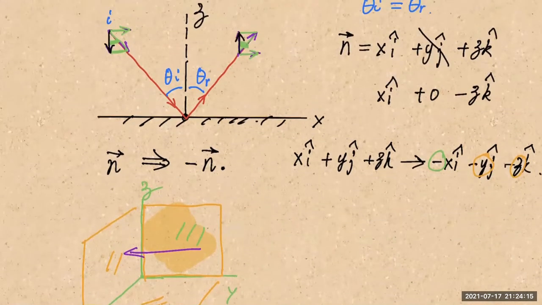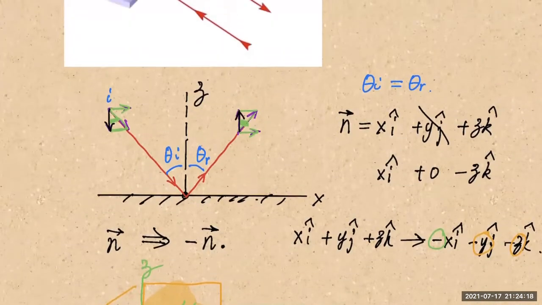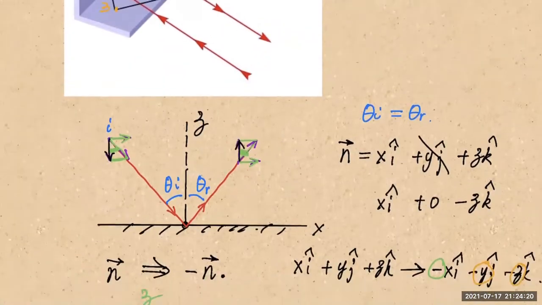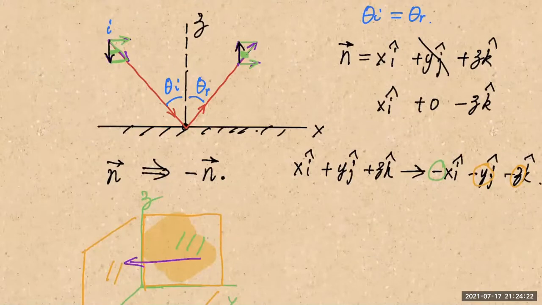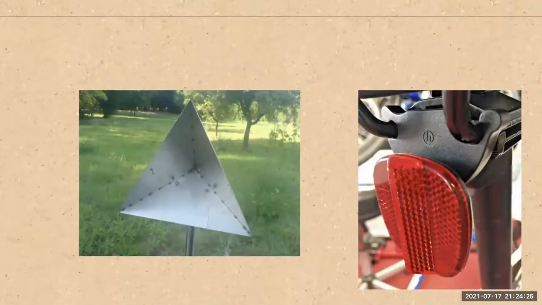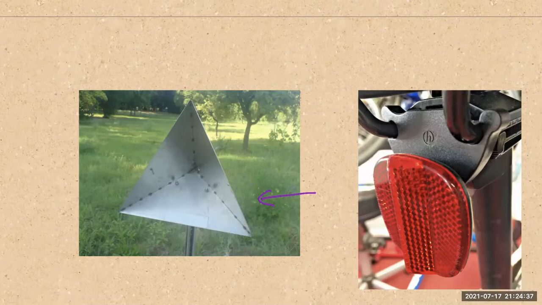Now, does this only work as lunar reflector? Okay, no. It has many applications on Earth, for example. You see this right here? This, in fact, is a gadget for reflection of radar beam.